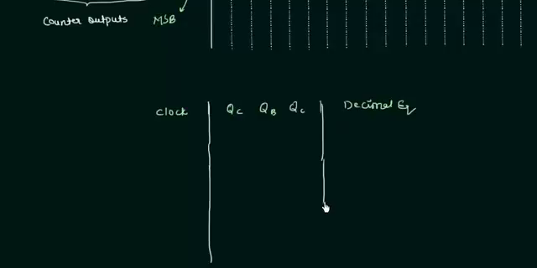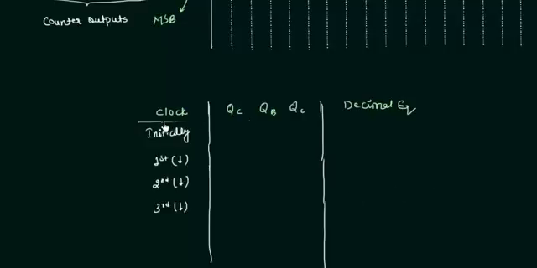Okay, and we will consider the initial condition when the clock is just applied, and then we have the first falling edge, then the second falling edge, similarly the third falling edge. We will analyze first these 3 falling edges, then we can move forward for the 4th, 5th, 6th, 7th and 8th falling edge.